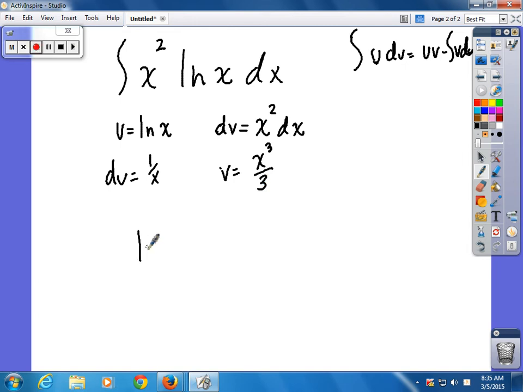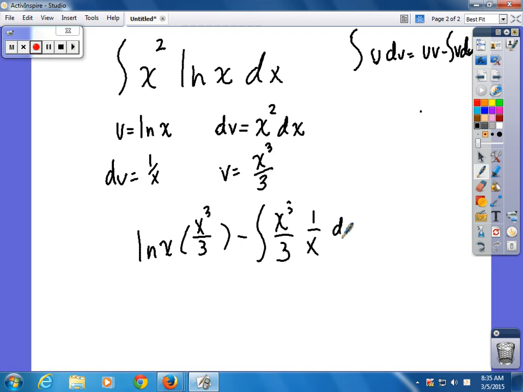Ultraviolet, natural log of x, times v, x to the third over 3, minus the antiderivative, voodoo, x to the third over 3, du 1 over x dx.